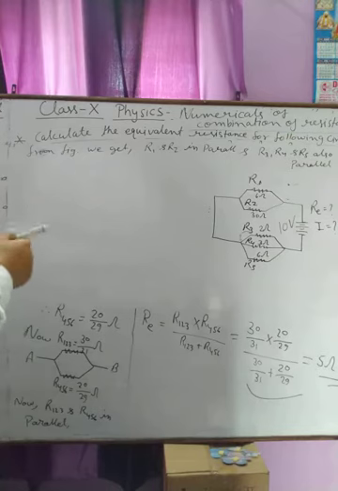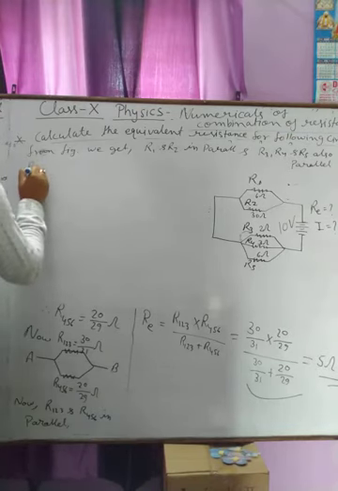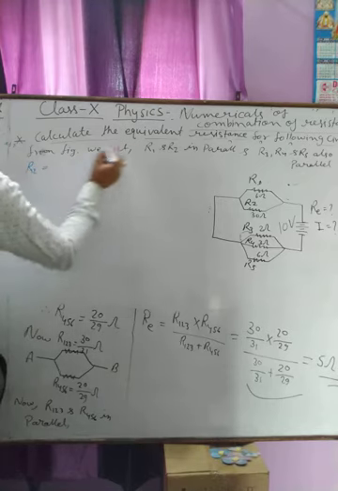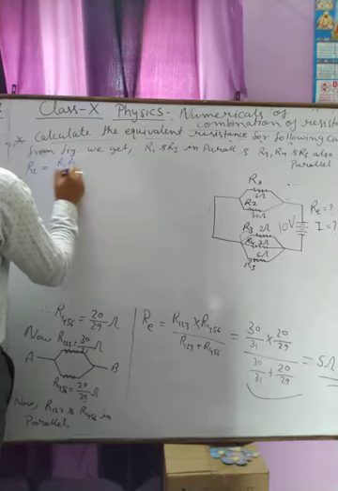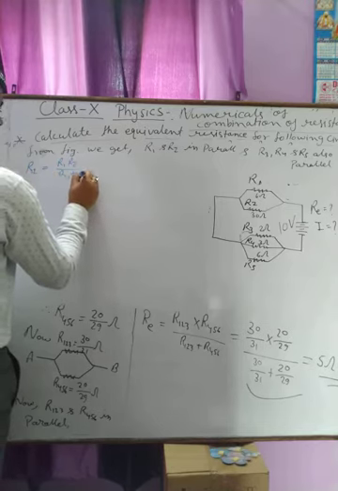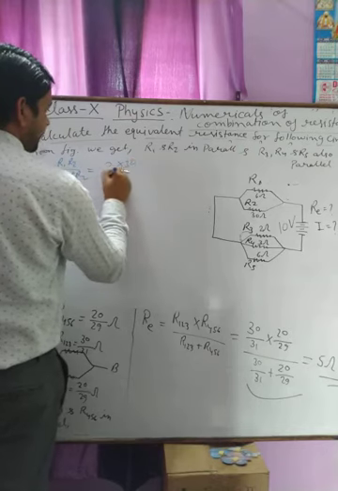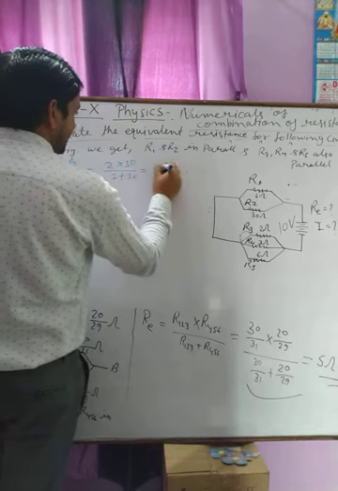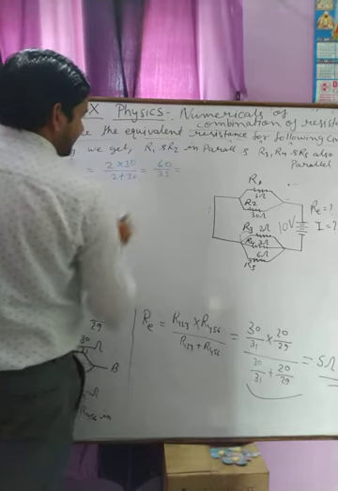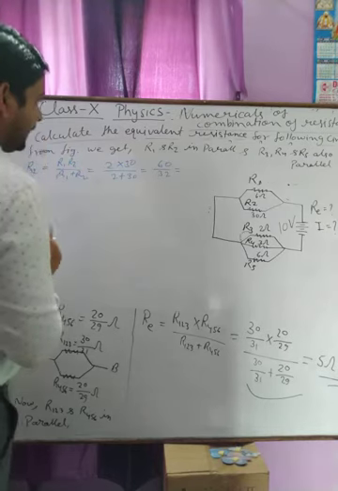Okay, now we go to solve this. R12 is R1 R2 upon R1 plus R2. We get 2 into 30 upon 2 plus 30, which is 60 upon 32.